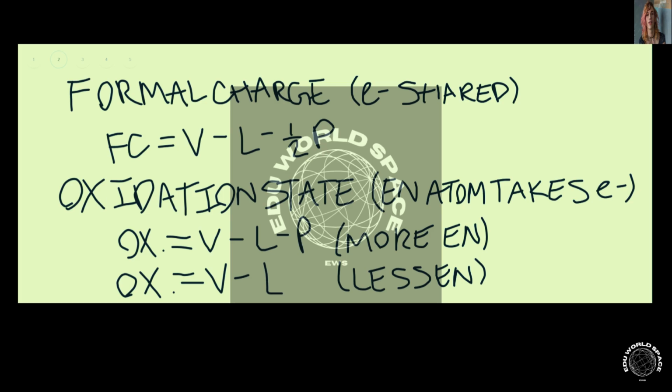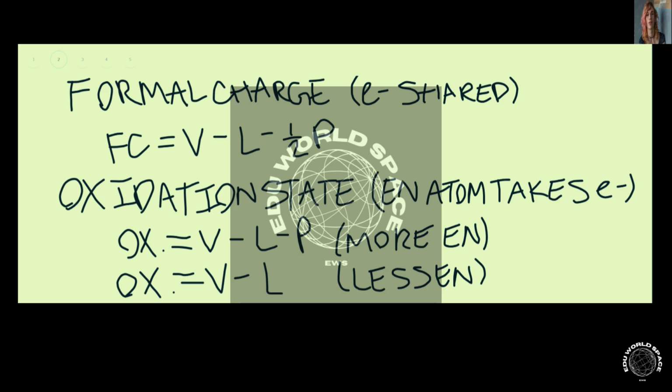Then we have the oxidation state, different from formal charge, where electrons are shared evenly. In oxidation state, we are assuming that the more electronegative atom will take all of the electrons in the bond. So the oxidation state for the more electronegative atom is equal to the number of valence electrons minus the number of lone pair electrons minus all of the bonded electrons, not half of them.